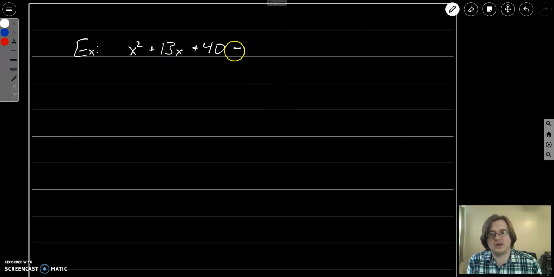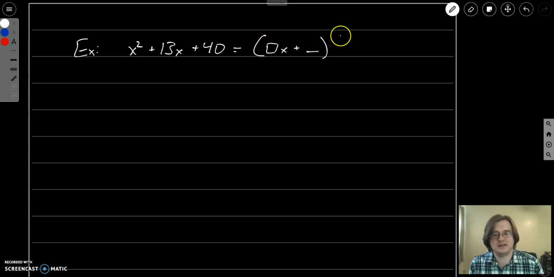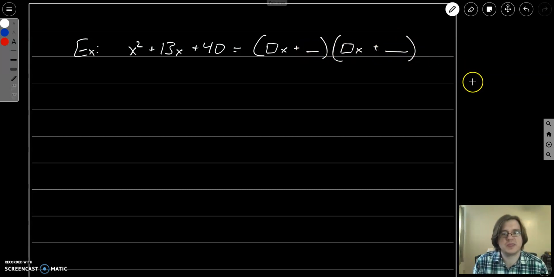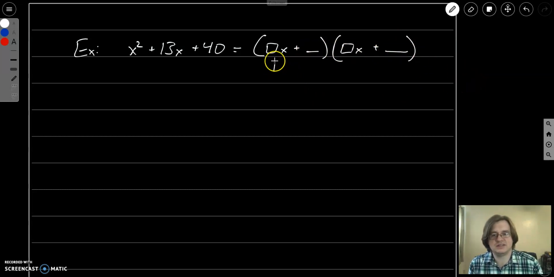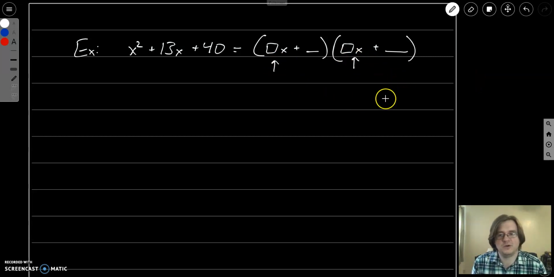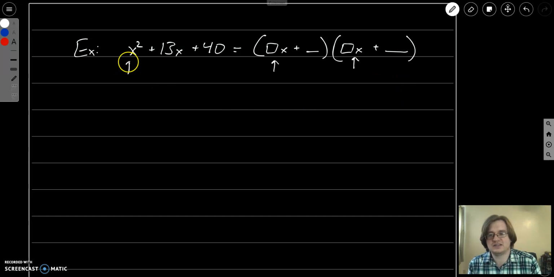So what I want to do is write this as something times x plus a blank, times something times x plus a blank. And I need to know what should go into these terms. Well, the first thing to notice is that whatever product these guys form is going to be x squared.